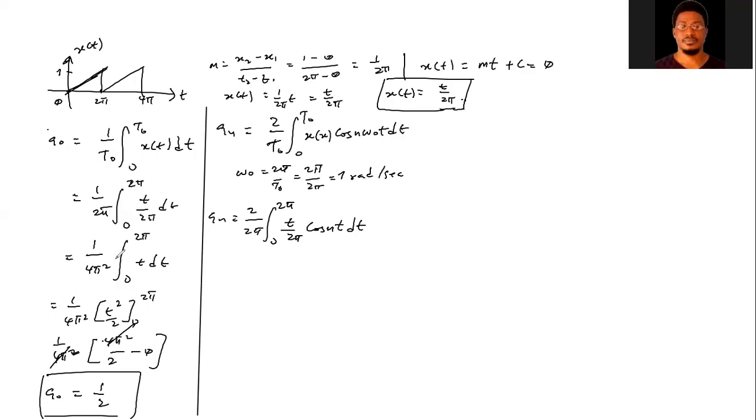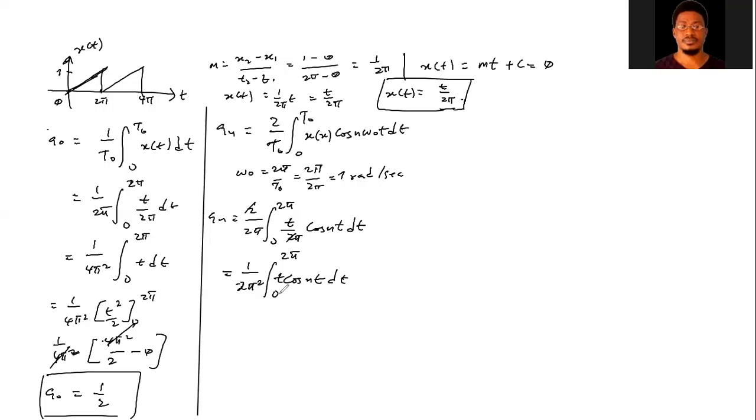Is that clear? So these two can strike these two out, pi times pi. So this will now be 1 over 2 pi squared times 2, integral 0 to 2 pi, sorry, this t cos nt dt. Okay?